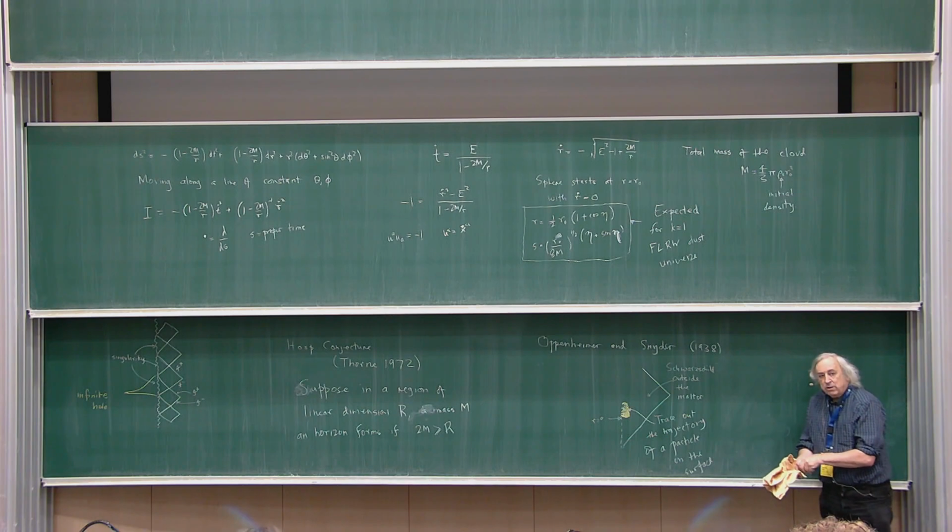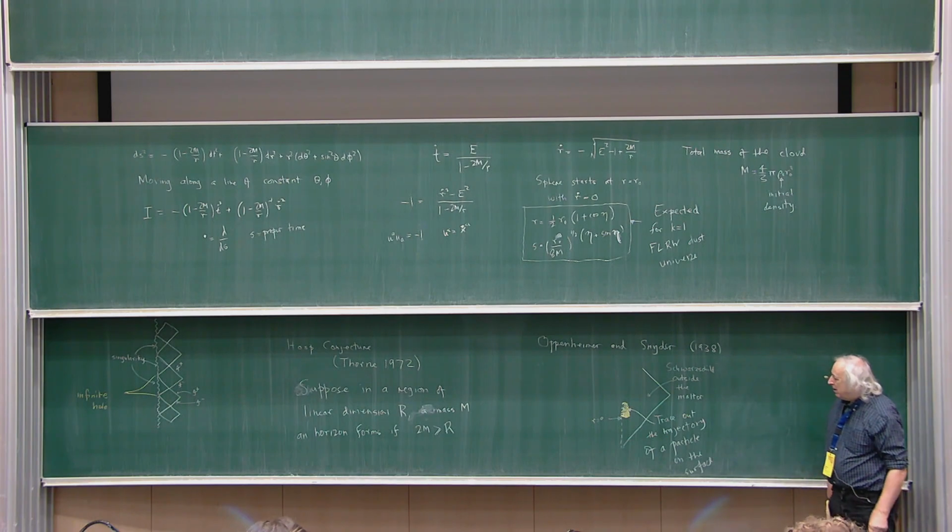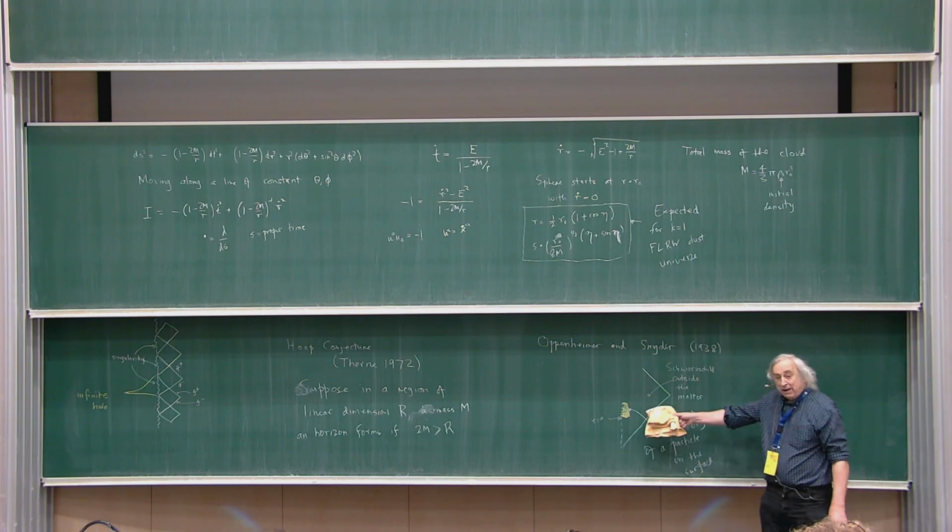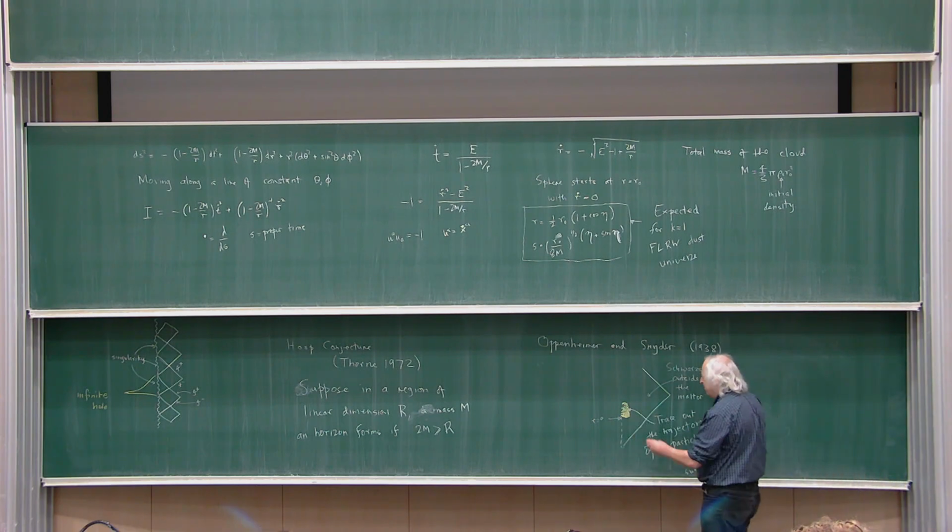Because of Birkhoff's theorem, you know that it's always going to be the case that outside this matter, the space-time will be Schwarzschild.